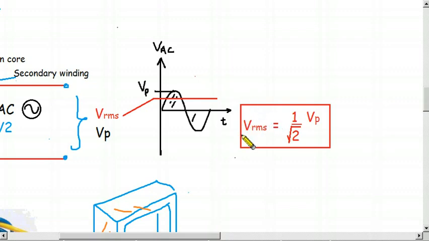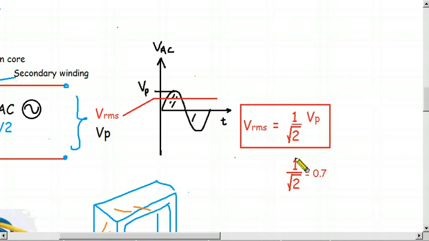You are not supposed to derive this equation, it is not in your syllabus, you just have to keep in your mind Vrms equals 1 over root 2 times V peak. So what is the value of this 1 over root 2? It is 0.7071 exactly, but you can use just 0.7. So like this.